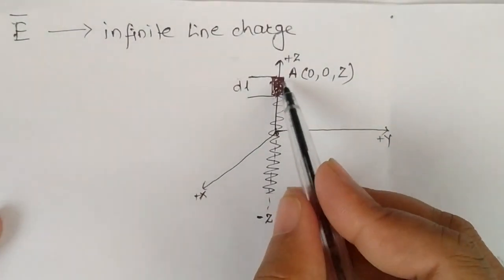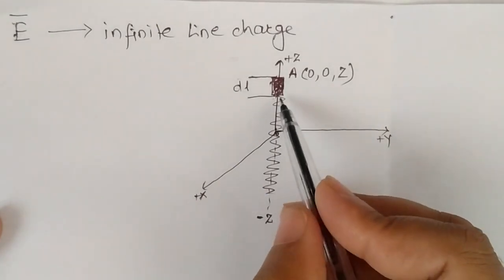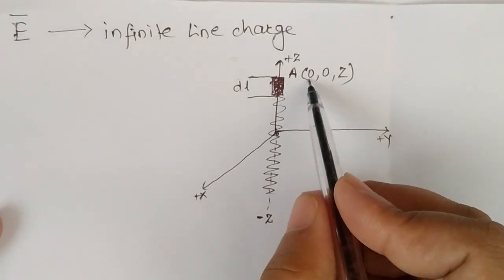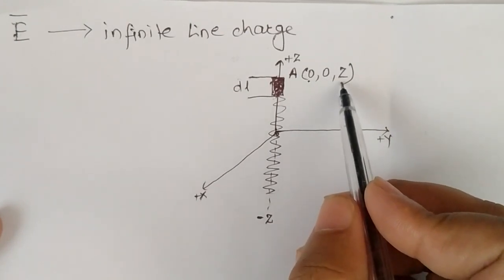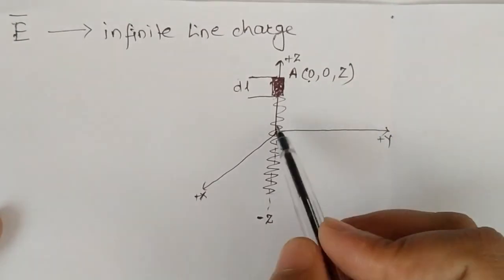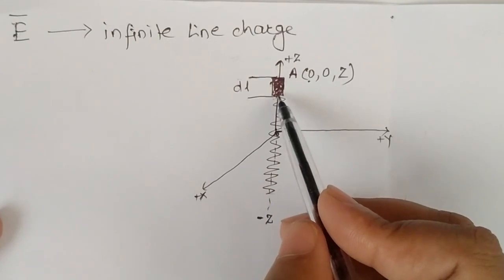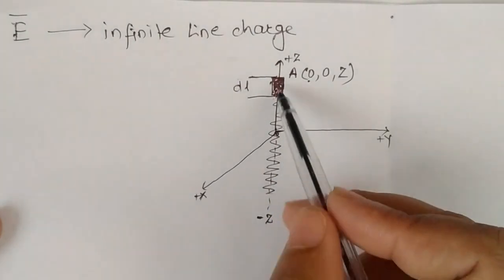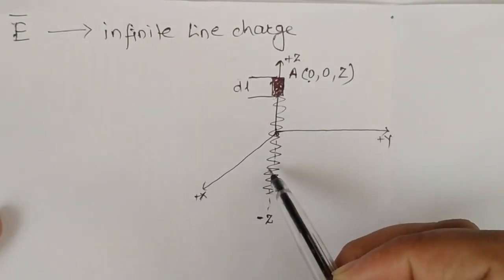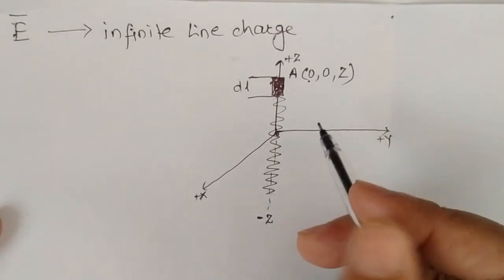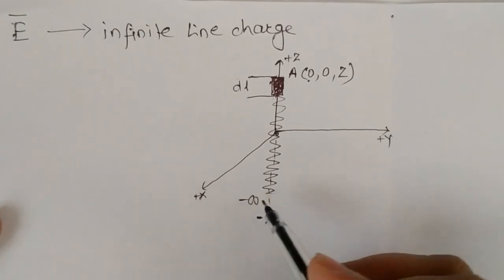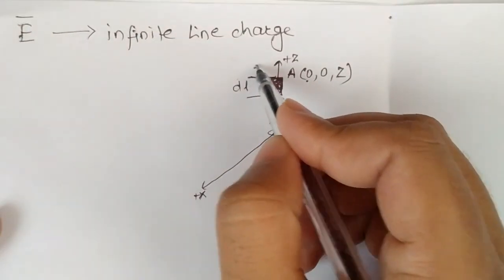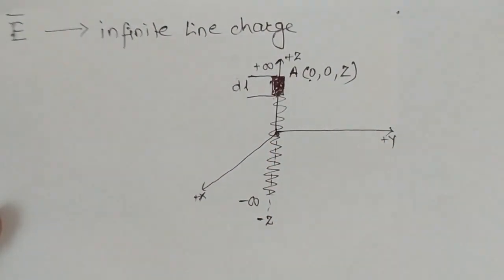Since the point A lies along the z-axis, its x-coordinate and y-coordinate will be equal to 0, and it will have a finite value of z, because I am considering only the positive part of the infinite length of the conductor. And the length of this conductor varies from minus infinity to plus infinity.